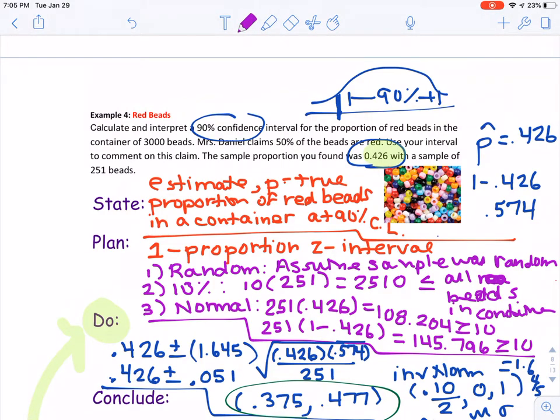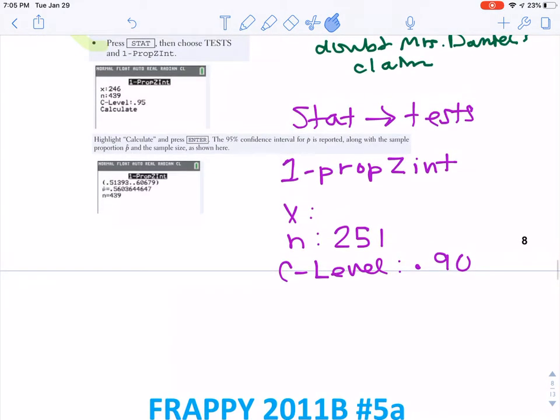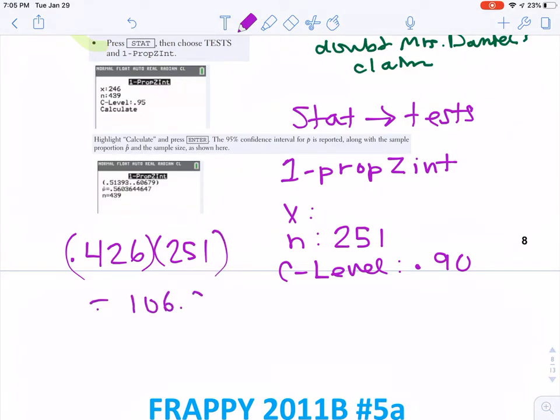So we're going to have to figure out 0.426 of 251 is 106.926. Now you can't type a decimal in here, so you're going to round that up to 107, and these are going to be your three entries.